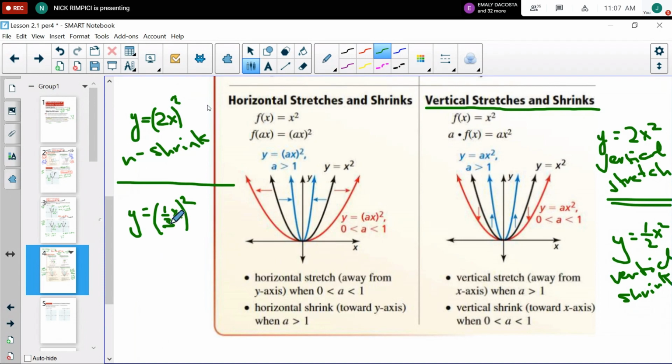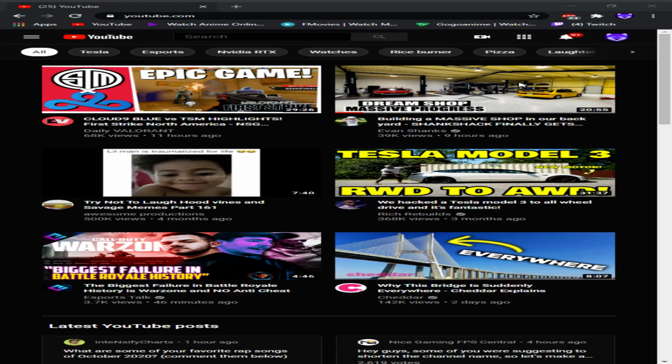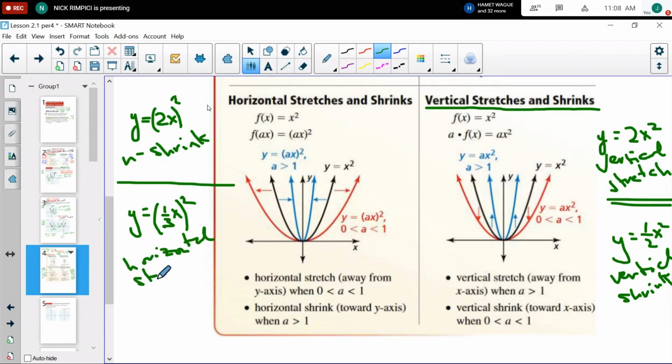So when we have a number in between 0 and 1, we're actually talking about a horizontal stretch. And sorry, I didn't have enough space to fit the word horizontal there. So horizontal stretch. So what happens now is horizontally stretching means we move away from the y-axis. We're stretching out away from the y-axis.